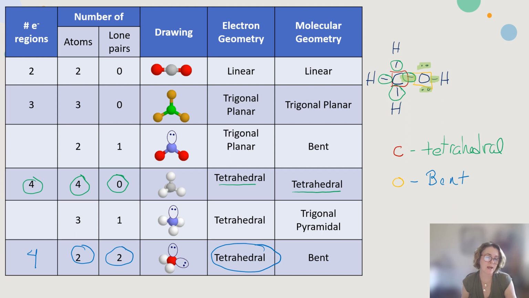Again, my oxygen has an electron geometry of tetrahedral, but my molecular geometry is bent. So just be aware of this. If you have a molecule that has more than one central atom, I have to isolate each central atom to determine the shape around each one. Now, to give you a 3-dimensional look at this particular molecule, this is what this guy looks like. So you can see the carbon atom right here, and then my oxygen atom right here.